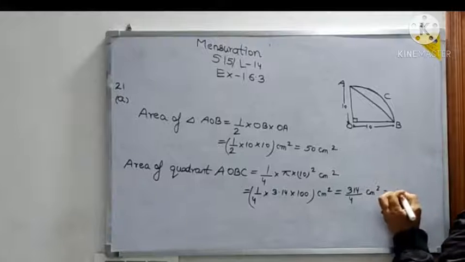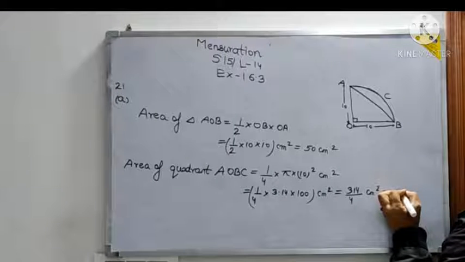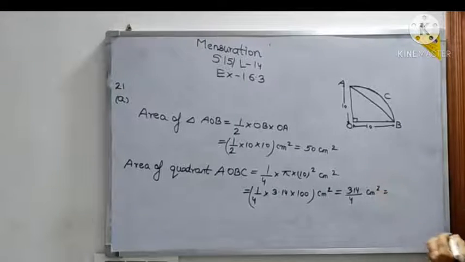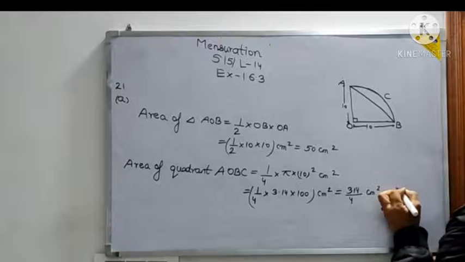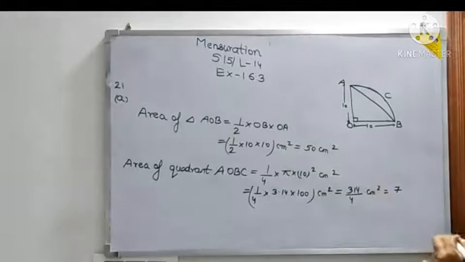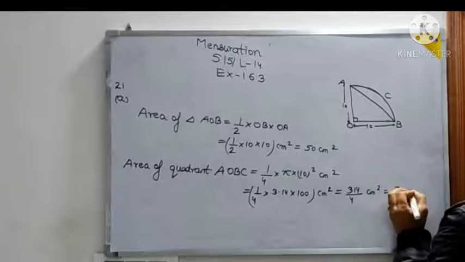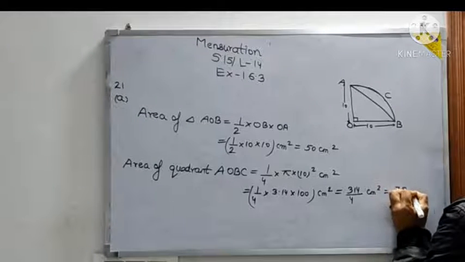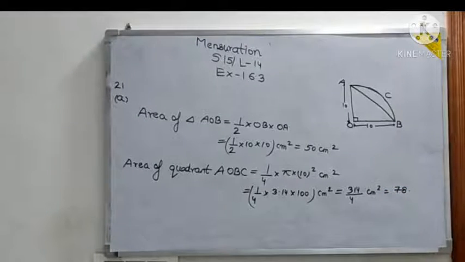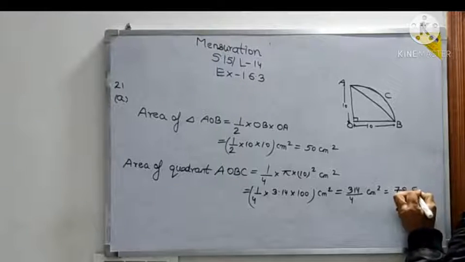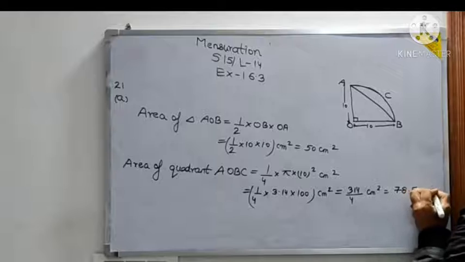So 4 8s are 32, 4 7s are 28, 29, 31, and 4 is 32, and 2 4s are 20. So 78.5 centimeter square is that.